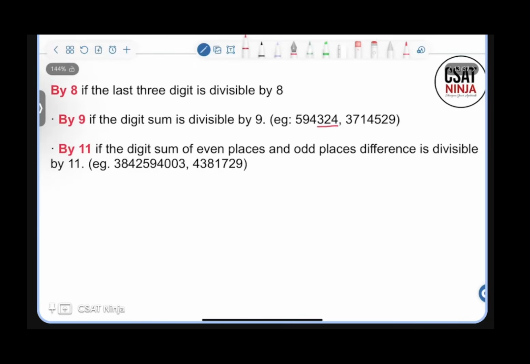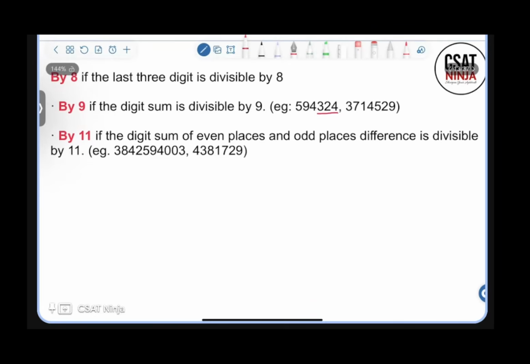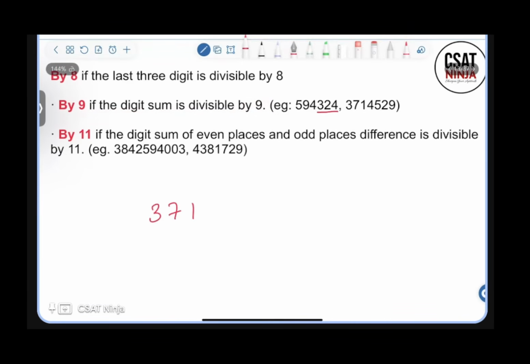For 9, it is exactly the same as 3, okay? If the digit sum is divisible by 9, then that number is divisible by 9. Let us take 3, 7, 1, 4, 5, 2, 9.